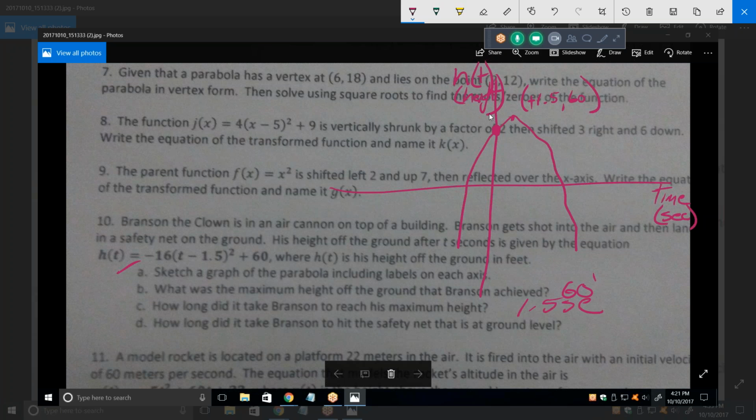And how long did it take Branson to hit the net that is at ground level? In other words, what is the t value when he hits the ground? And how do we figure it out? So we just solve for t. What's h of t when he hits the ground?